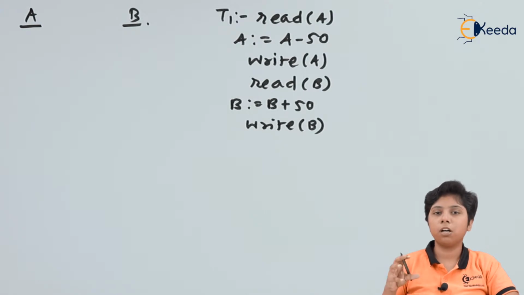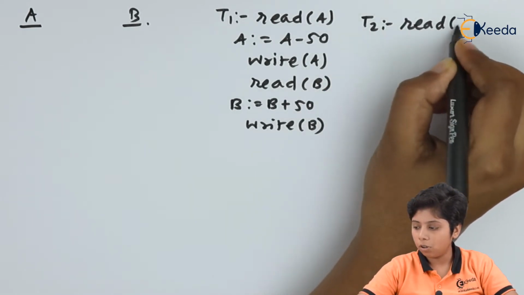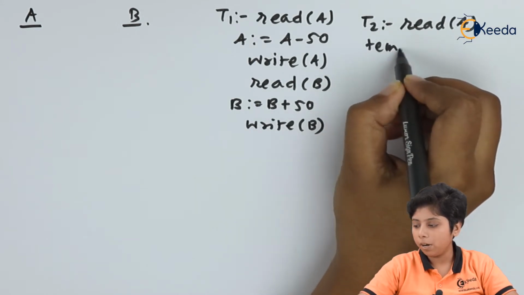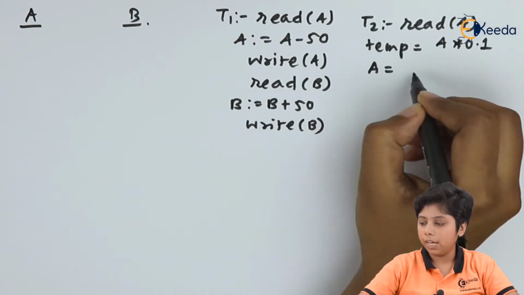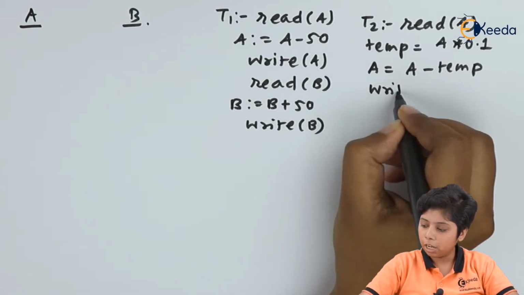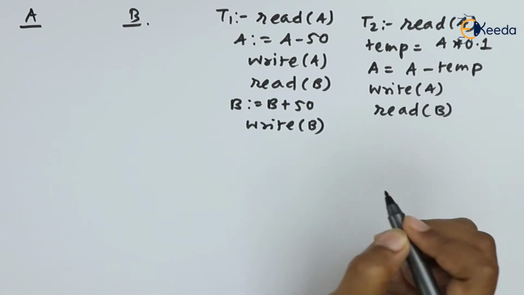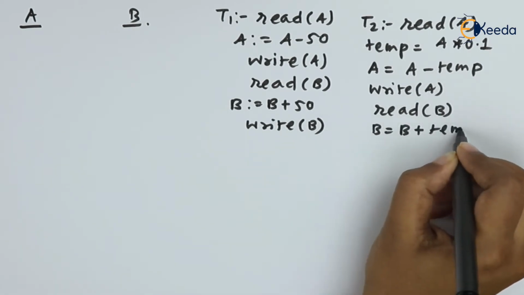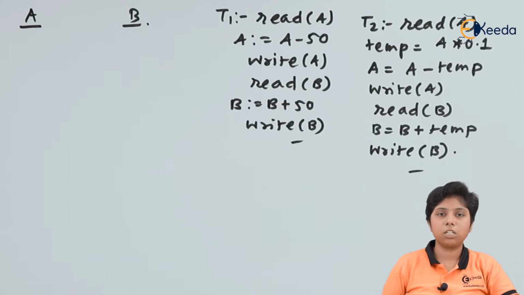It removes 10% from the balance of account A and then adds that 10% of the balance of A to account B. So in T2 we need to read the value of A, then keep the 10% of A in a temporary variable, then reduce A by this 10%, update the account A, and finally update B with it. So here we have two transactions on the same accounts.